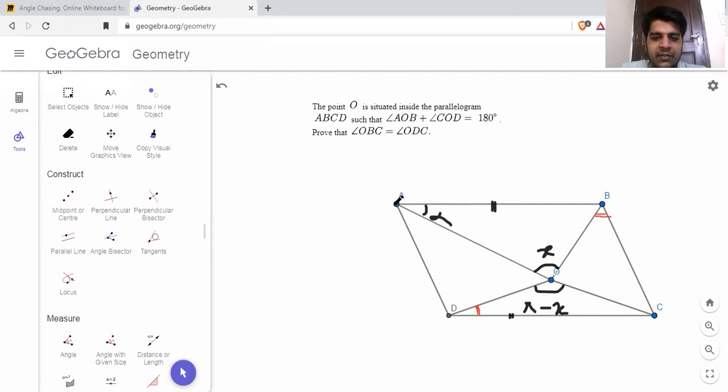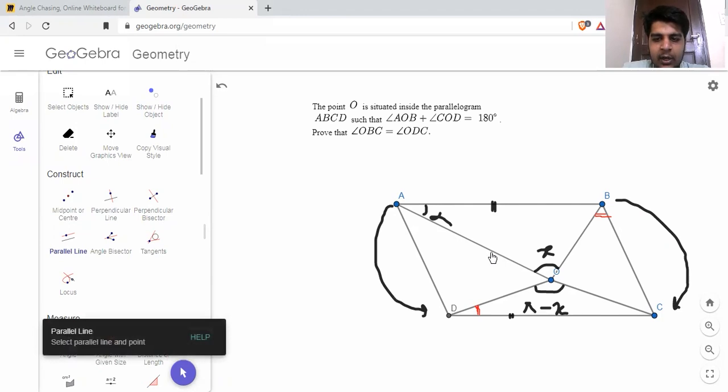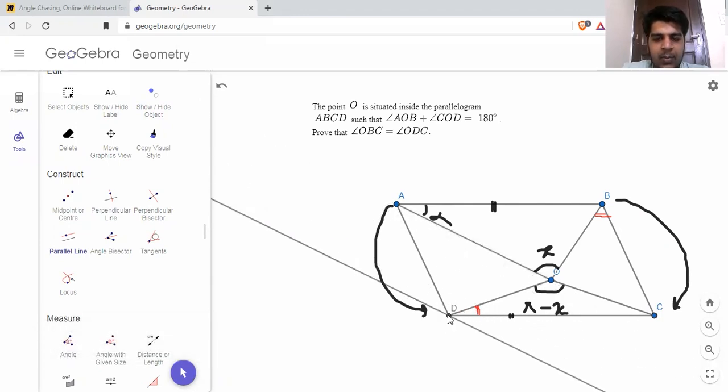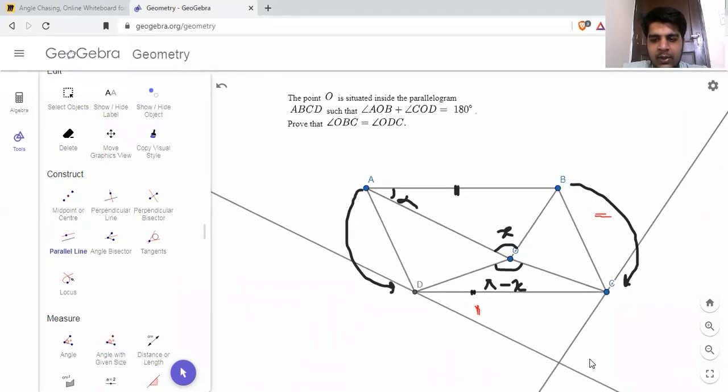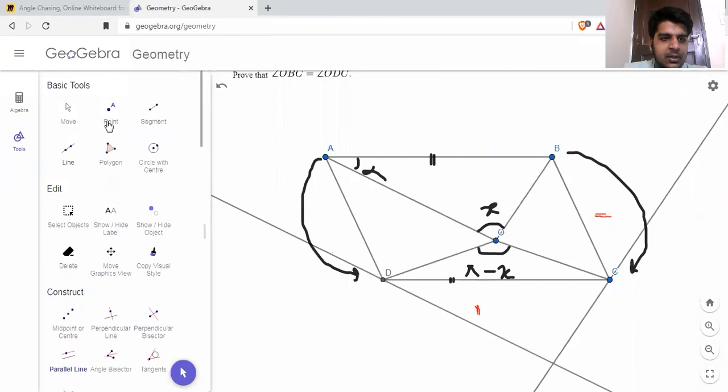So basically we can shift A to D and shift B to C, right? And then shift triangle ABO and let's see where O goes. If you shift, AO will go to some parallel line passing through D, and BO will go to some parallel line passing through C. So O will be their intersection.